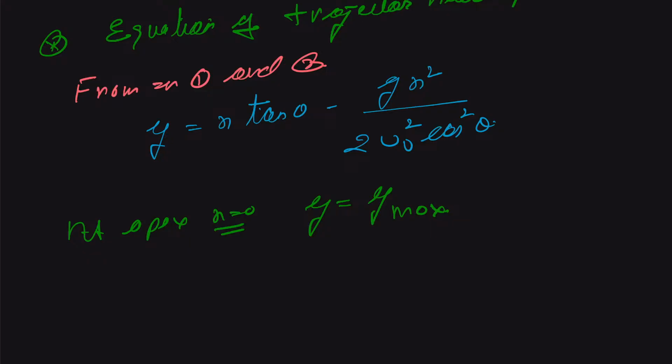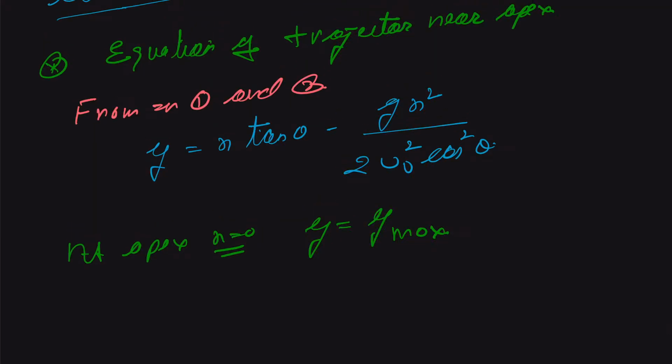Therefore, we can just draw, because this will be approximately a right angle triangle. So this is our theta, this is our x, and this is our y max.